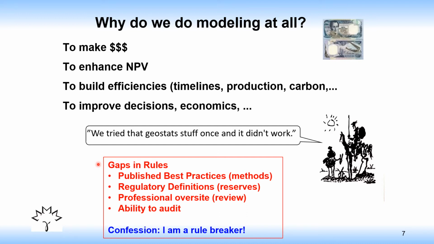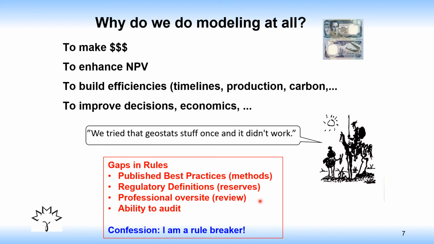Sure, that's inside some companies that have their own internal processes, but there's no best practice guidelines in the public domain that are out there. The regulatory definitions are not used for geomodeling like they developed for 3D seismic and reservoir simulation. That's coming, but it's not there yet.